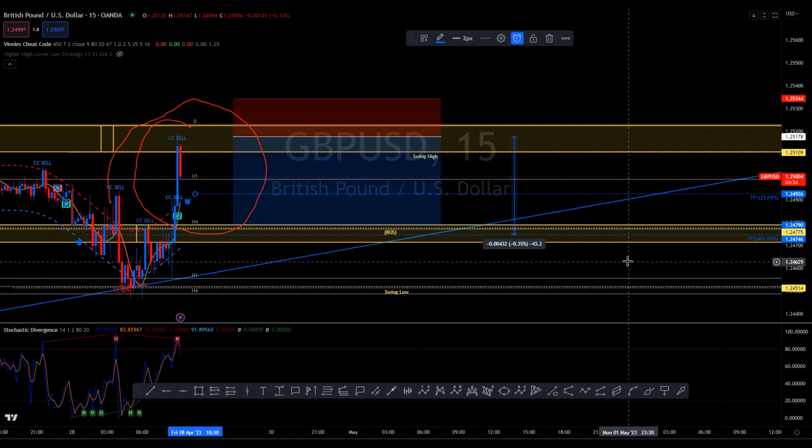Actually in profit. Let's see how far we can get before the next candle closes. If I get at least $20 to $30 before the next candle closes, I might just take that.